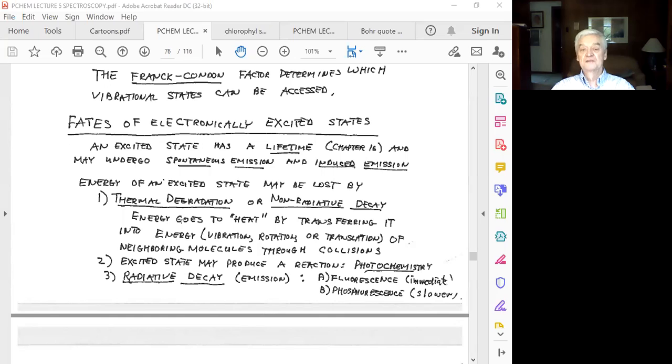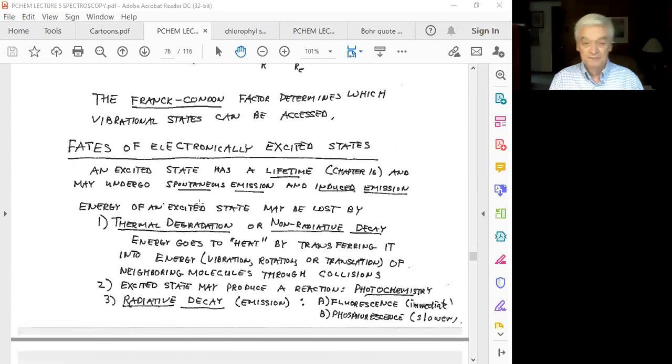The first one is the most boring. This is called thermal degradation or non-radiative decay. This means you don't get any light out. It basically means you convert the energy from that upper state into heat. So maybe the molecule is up there at something like 50,000 wave numbers, which is something like 150 kilocalories per mole.